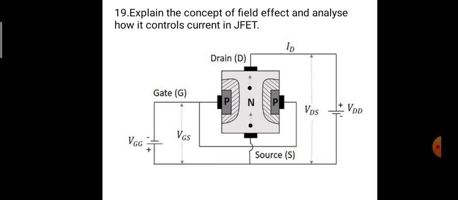Question number 19. Explain the concept of field effect and analyze how it controls current in JFET. Figure shows the N-channel JFET.